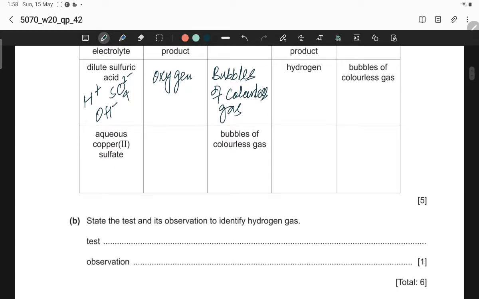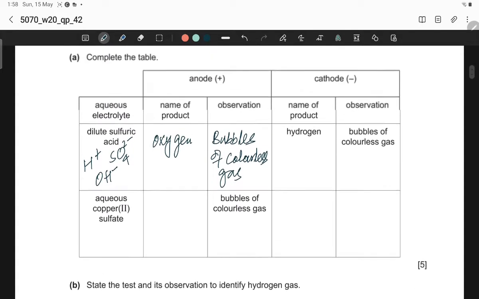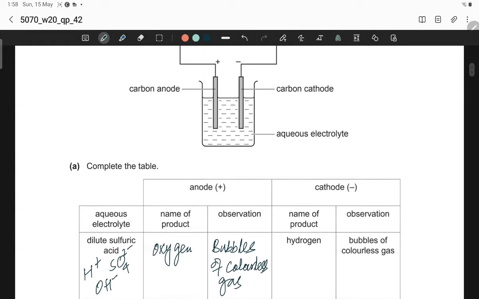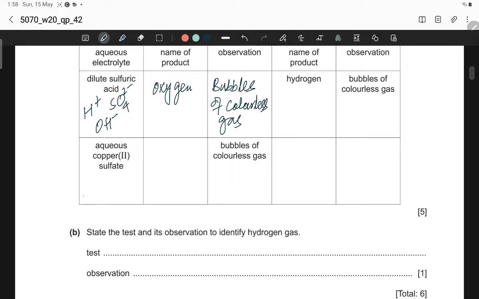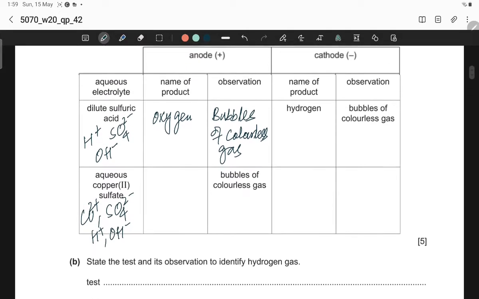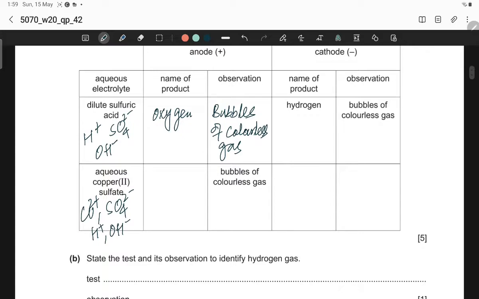Aqueous copper(II) sulfate with carbon electrodes. Because we are using carbon electrodes, the ions are Cu2 positive, sulfate ions, H positive and OH ions. At the anode, the same hydroxide ions are discharged to give oxygen gas as the product, with bubbles of colorless gas.